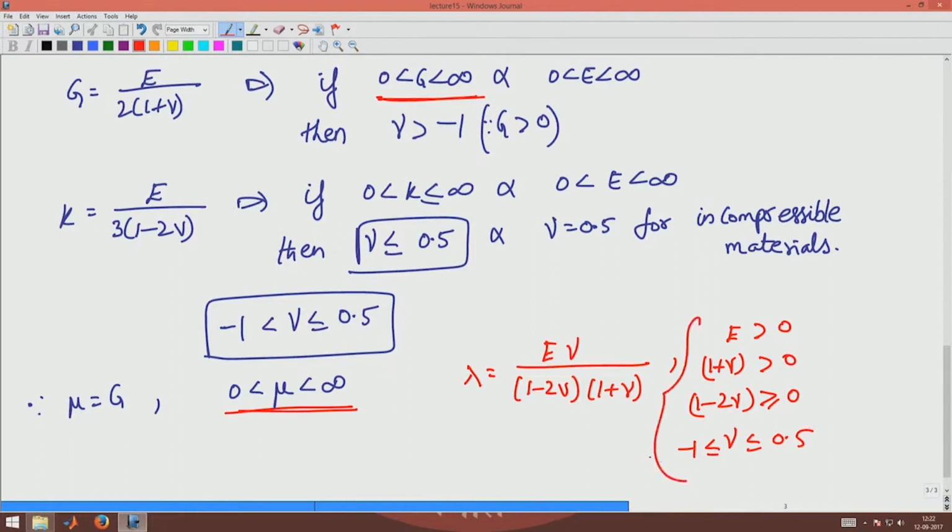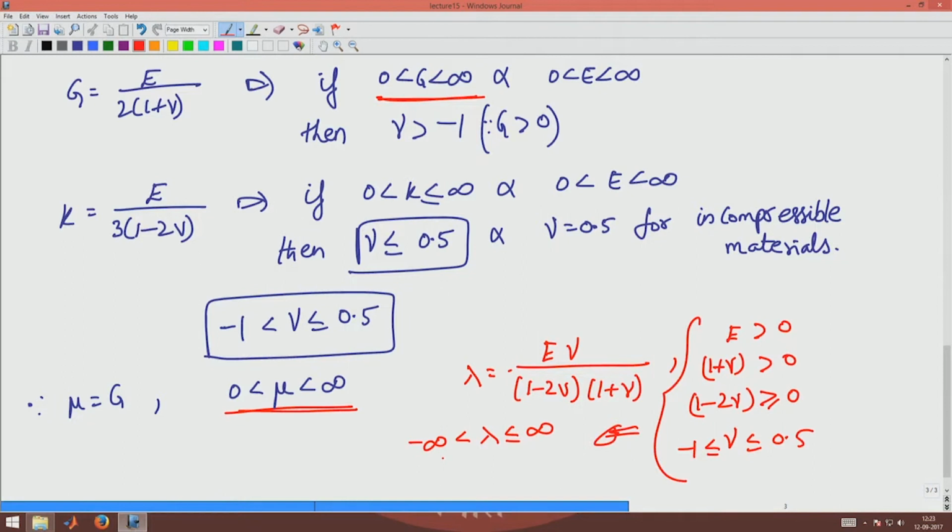All this together would imply that lambda varies from minus infinity to plus infinity. Okay. The equal to sign here is because when nu is 0.5, that is what is allowed, it will be positive, whereas nu cannot be minus 1 and hence it can't be negative infinity.